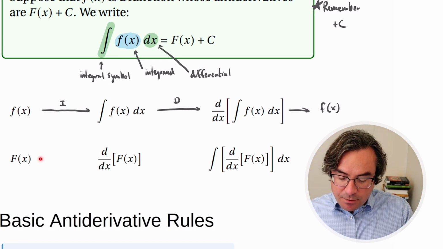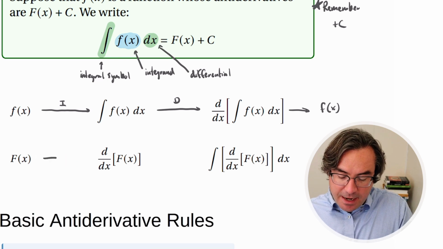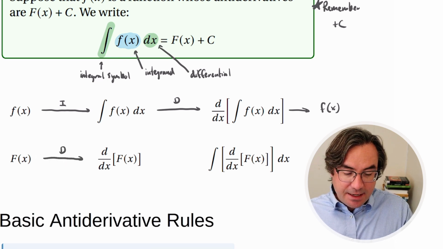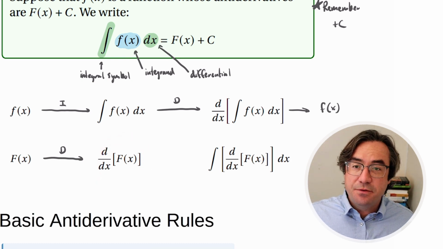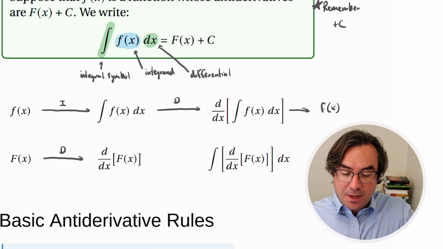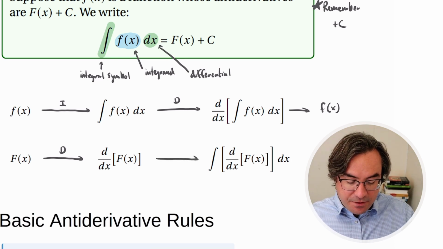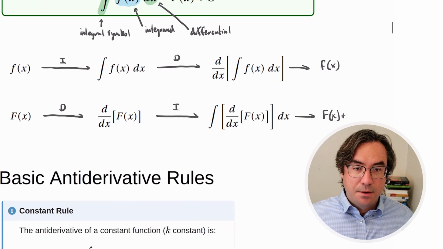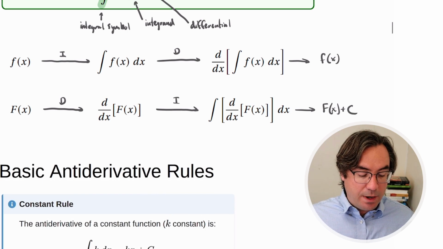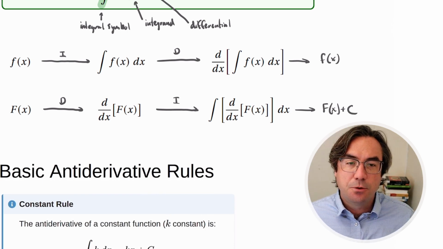Now, if we start with capital F and start by differentiating that, we're going to have the derivative of f of x. And then if we take that derivative and try to integrate, what we're going to get out is capital F, but not quite. So plus c.